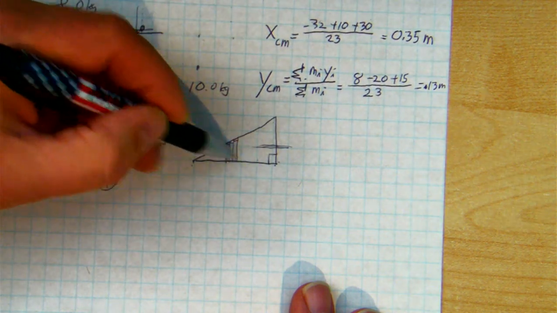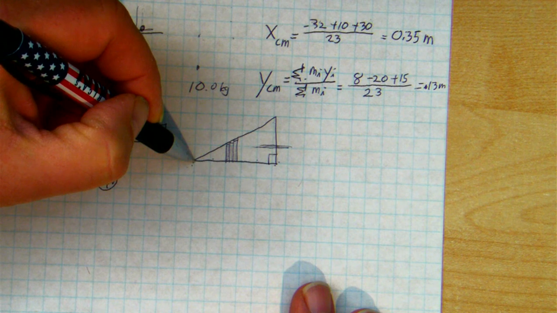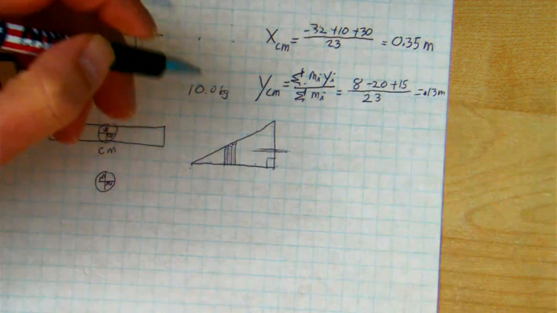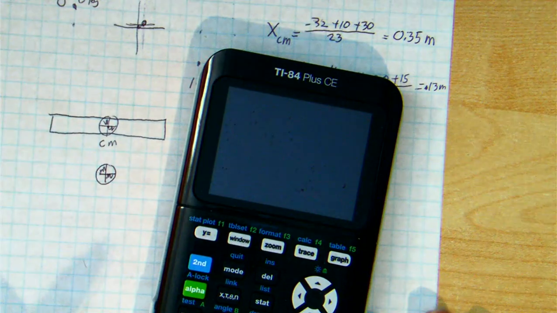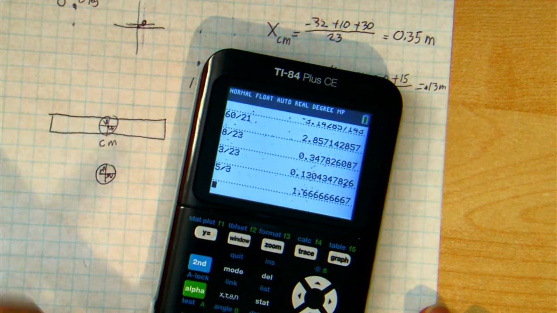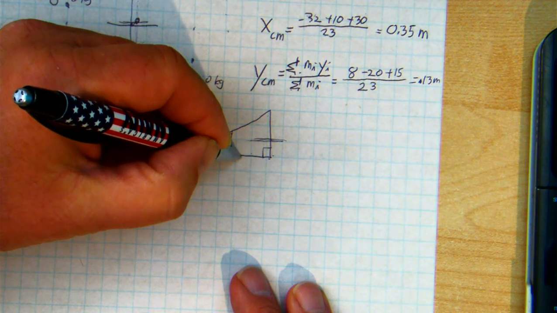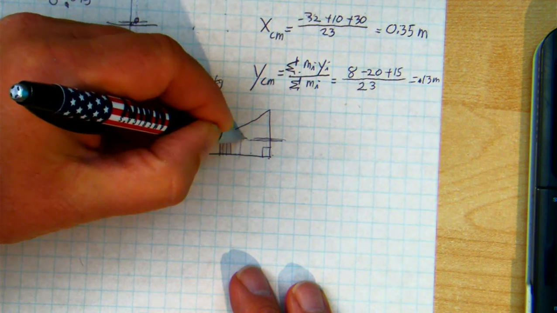If this is 1, 2, 3, 4, 5, too bad it's not 6, then it's going to be 1 and whatever 1/3 of 5 is. What is 1/3 of 5? 1 and 2/3. So 1 and 2/3 and at 1.